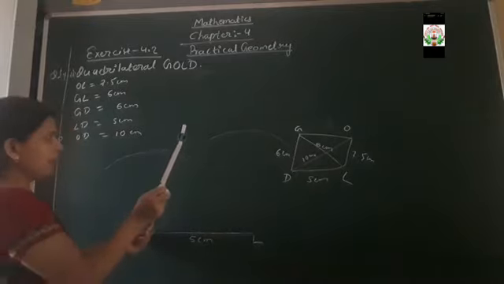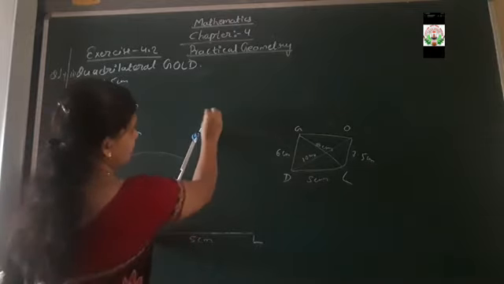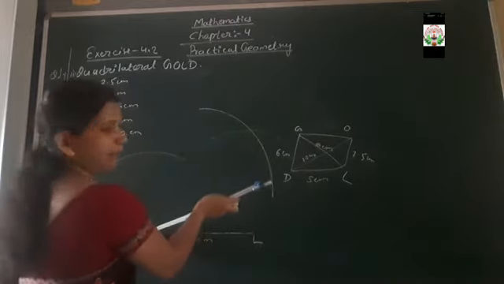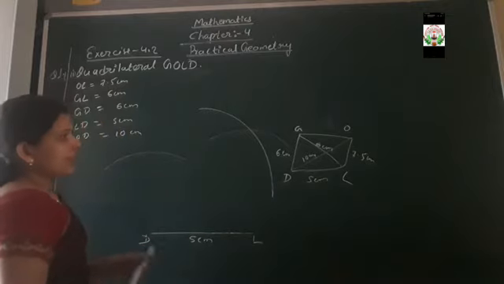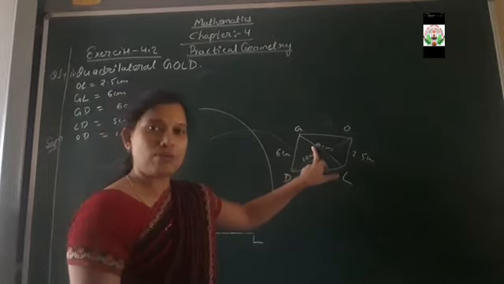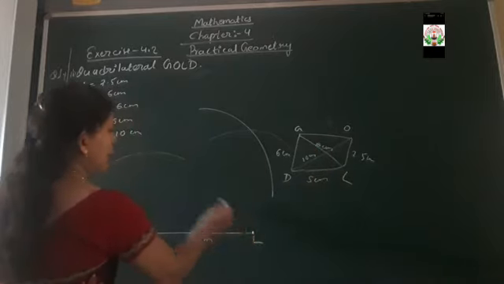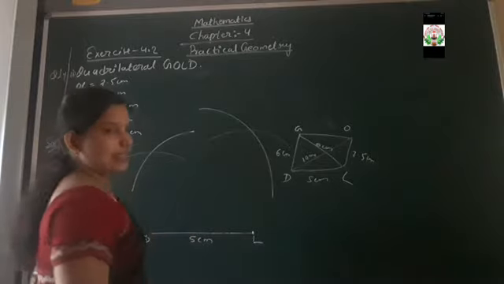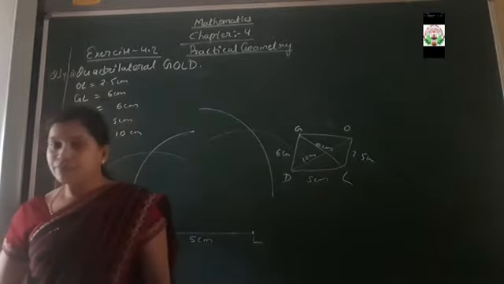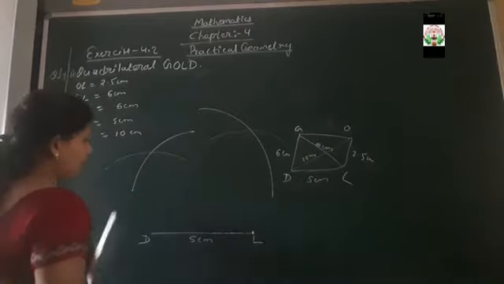So here keeping the needle and stretching the part, we have to draw one arc. Clear up to here? After this, you had got the intersection point on both the sides, isn't it?